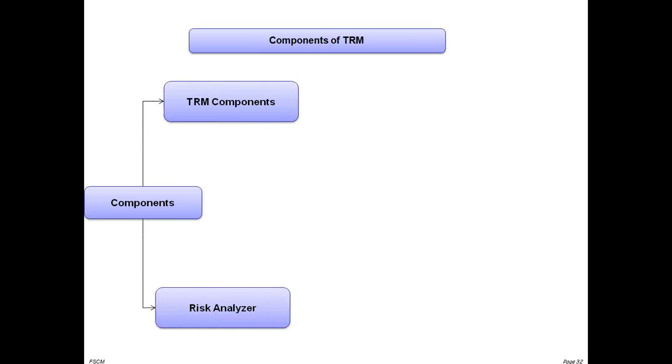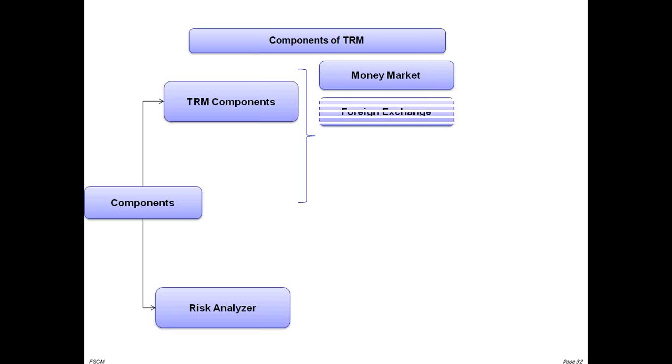I segregated them into TRM components as well as the risk analyzer. In the TRM components, there are four major components. Money market, which is the market for short-term investments and fixed deposits, commercial papers, and various instruments that are available in the market.